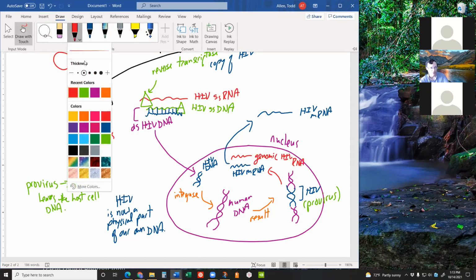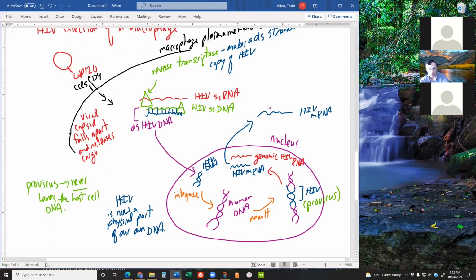So this HIV messenger RNA is going to be translated into brand new reverse transcriptase enzymes, integrase enzymes, and protease enzymes, among other things.